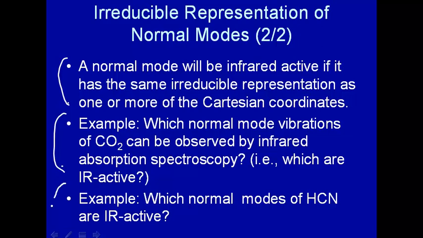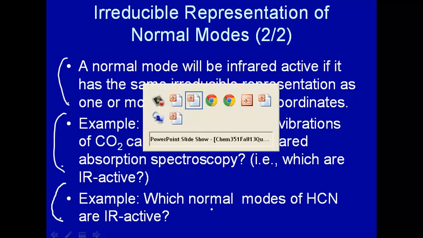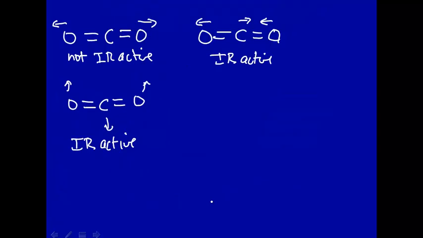So as a final example, let's look at HCN and try to figure out which normal modes of HCN are IR active. Let's go ahead and use the fluctuating dipole moment, although we could go through the symmetry arguments, since this is a C infinity V molecule.